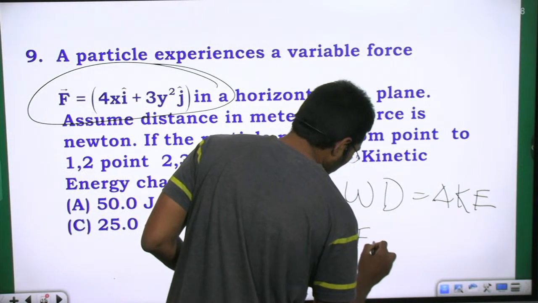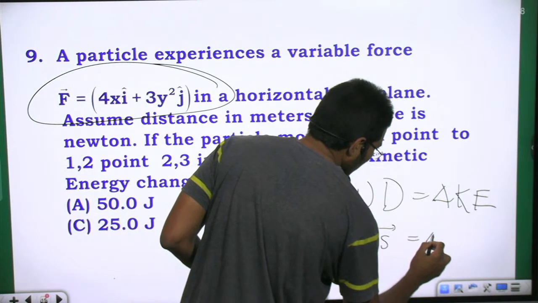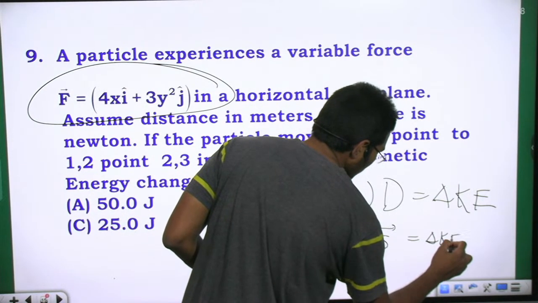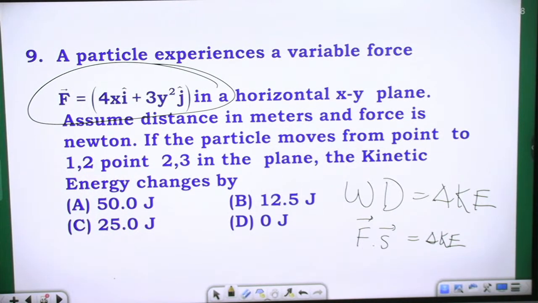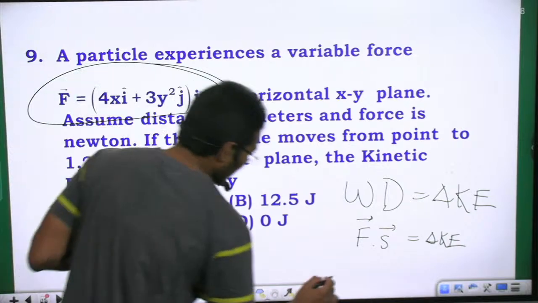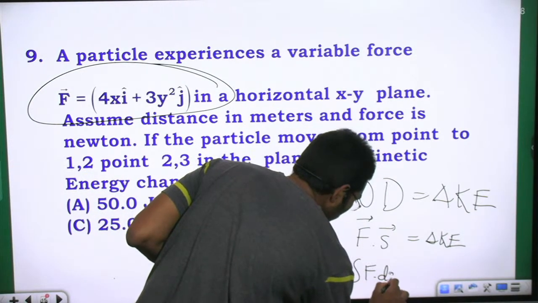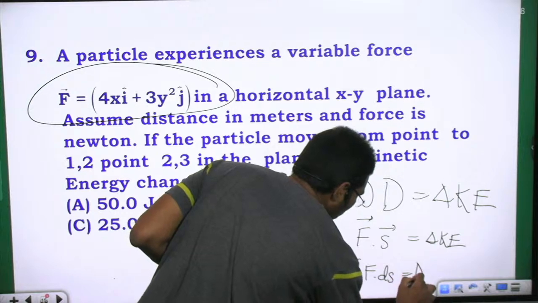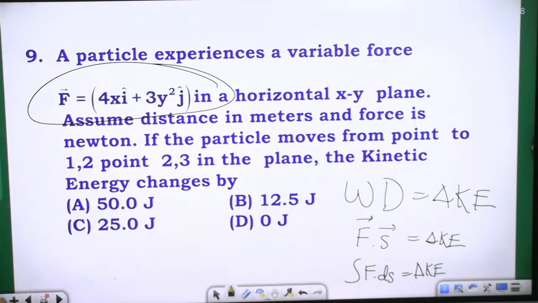F bar dot S bar is equal to delta KE. Here F bar is varying and S is from (1, 2) to (2, 3). So let us integrate F bar dot ds, which is work done, equal to change in kinetic energy. Let's try to do this.